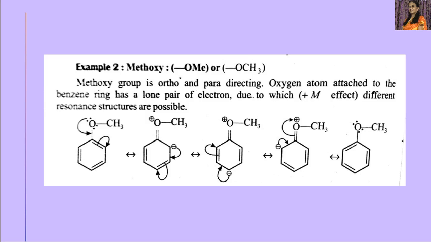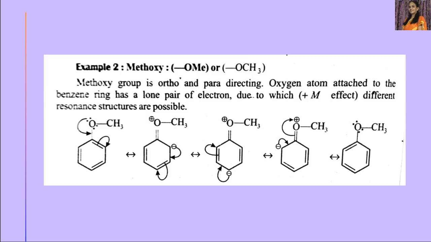In the resonance structures, this negative charge shifts inside, then this pair of electrons moves towards this carbon, the para carbon, which also gets a negative charge. In the next resonance structure, this pair of electrons moves inside, and the pi bond electrons move towards this carbon, then this ortho carbon gets a negative charge.